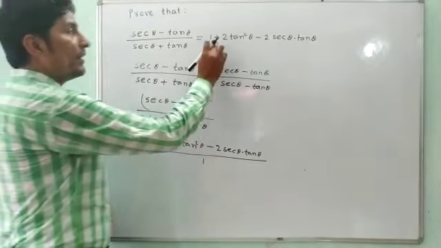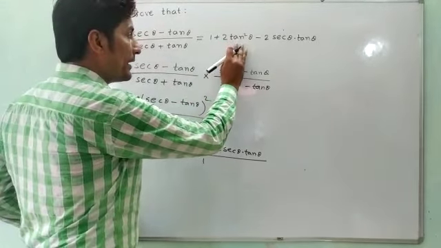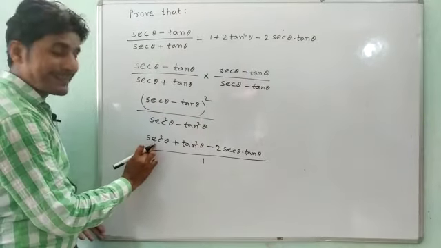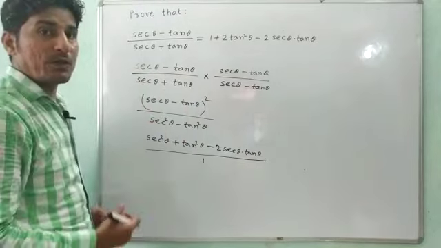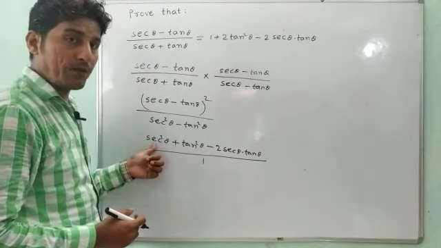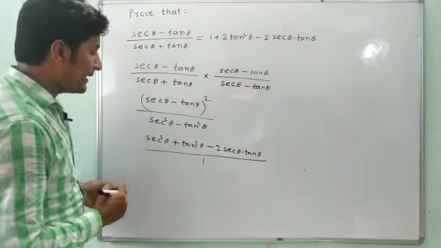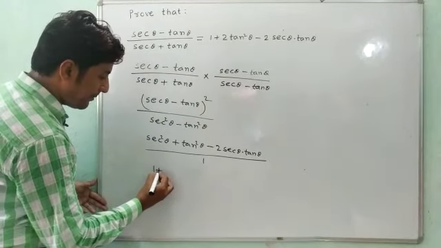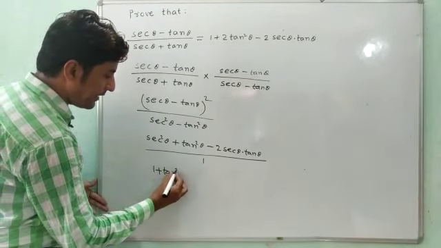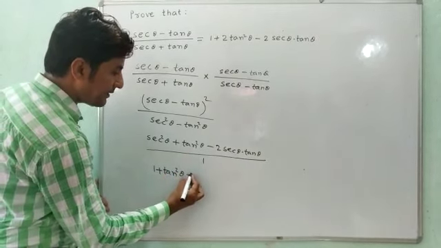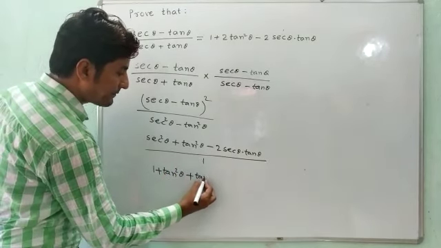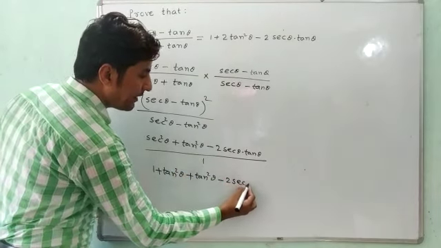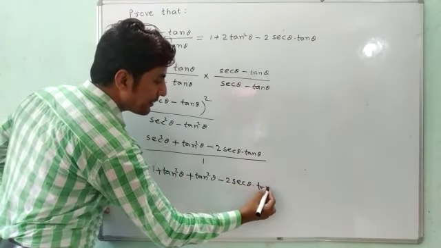Now here we are having 2 tan square theta. Sec square theta is not there. So we are going to convert this sec square theta into tan square theta. As we know, sec square theta is always equals to 1 plus tan square theta. So in the place of sec square theta, I can write here 1 plus tan square theta, plus tan square theta as it is, minus 2 sec theta into tan theta.